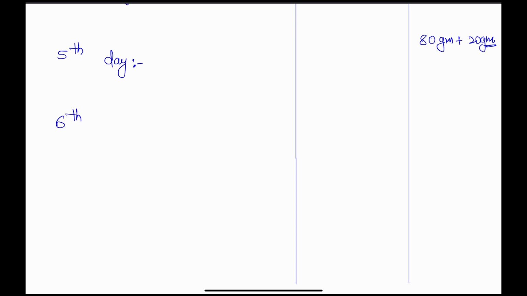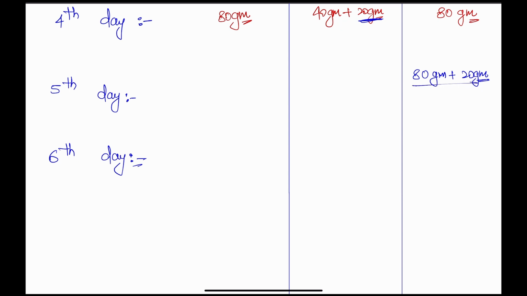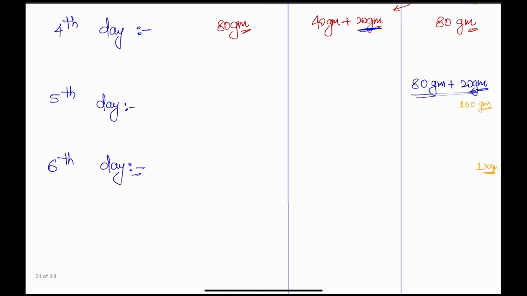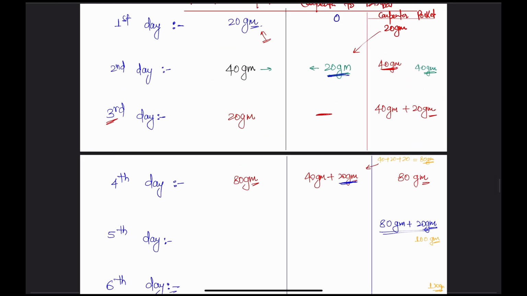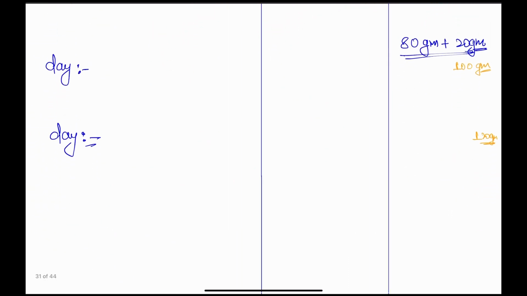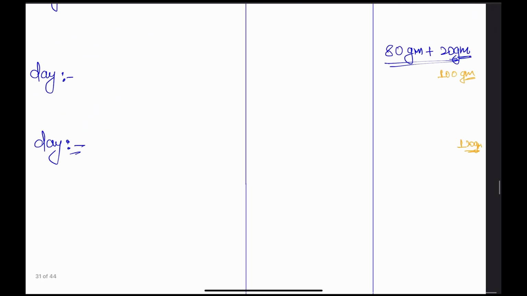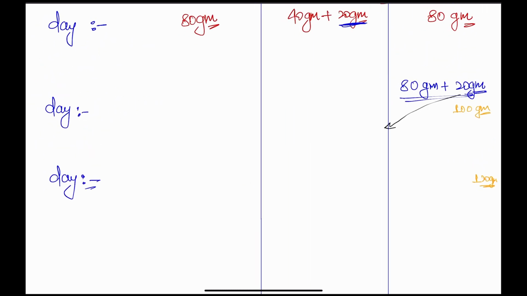Let's understand what will happen on the 6th day. Till the end of the 5th day, the carpenter has 100 gram, right? But now the carpenter needs 120 gram. So Birbal will say, the same thing: he will take 20, he will give you 40. Birbal will say, do one thing, that 20 gram which you have, give it back to me.